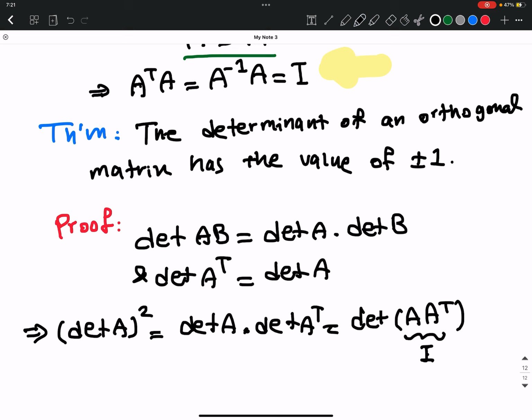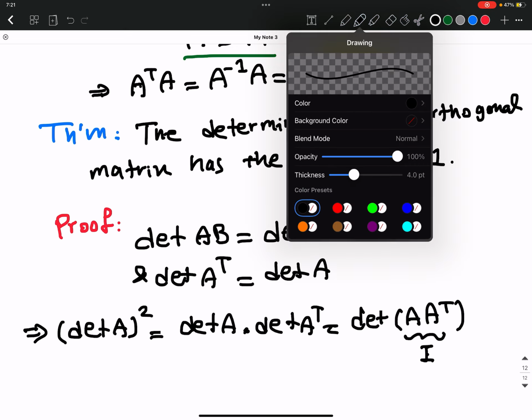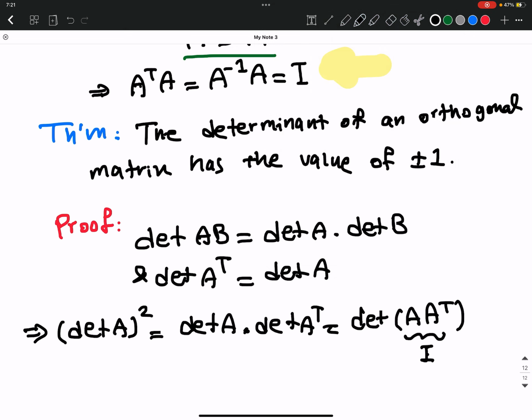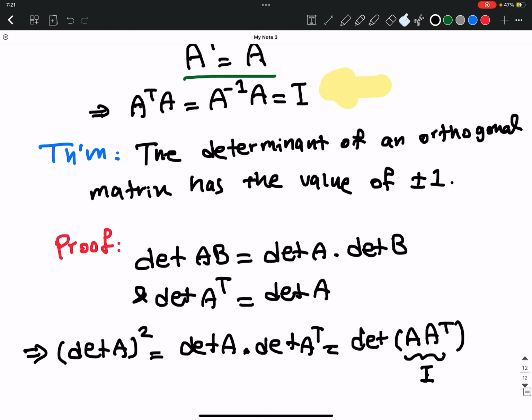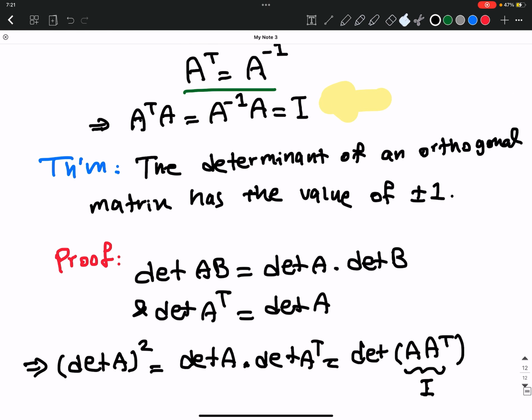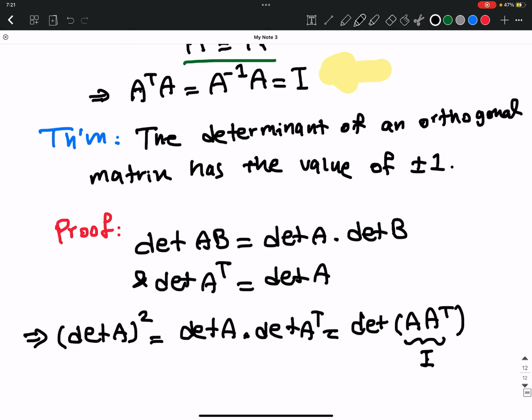Or another way, you can just write this as A transpose equals A minus 1, and you will get the same thing. But we said that this is an orthogonal matrix. And so this equals the determinant of the identity matrix.